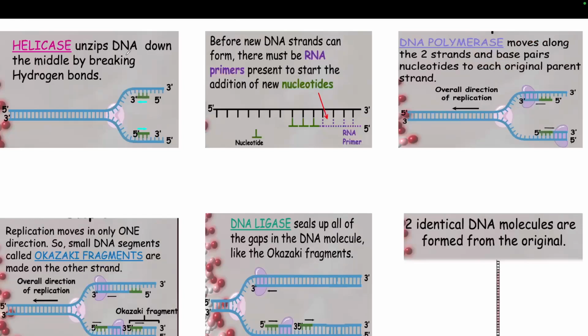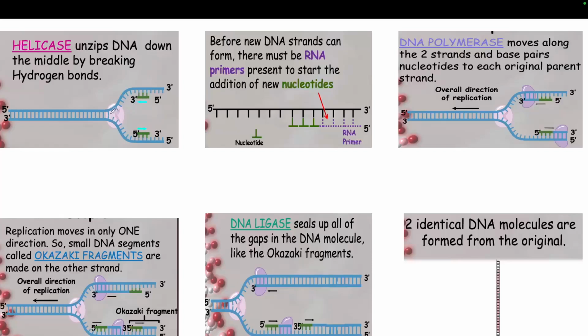So firstly the helicase unzips the DNA in the middle by breaking the hydrogen bonds. So this is the double stranded DNA. The helicase will come and break the hydrogen bonds so that it can create this Y shape like structure, which is called the replication fork.